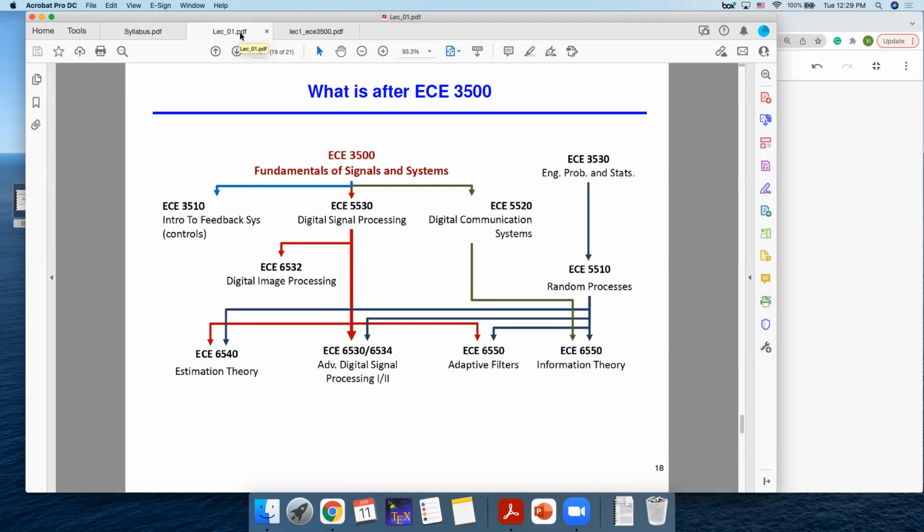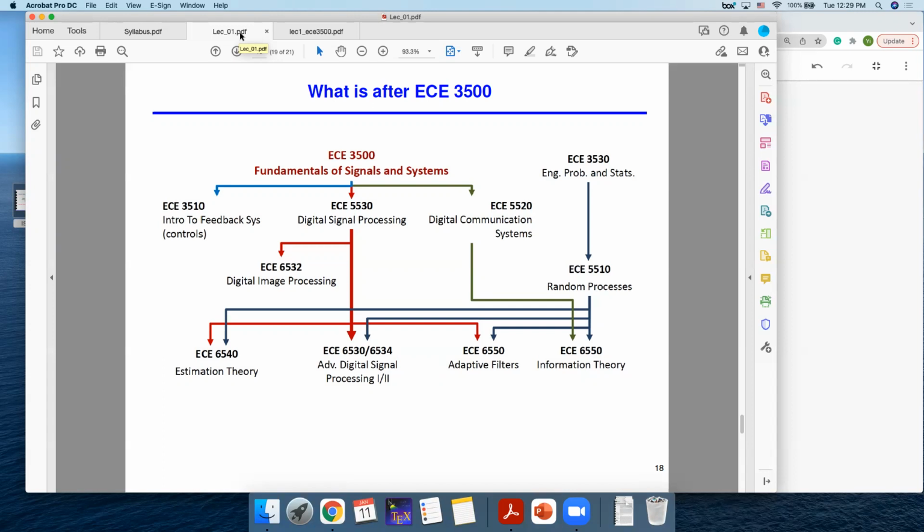Estimation theory, if you want to design a radar. Advanced digital signal processing, and adaptive filters. All these are very important to design a mature signal processing system.